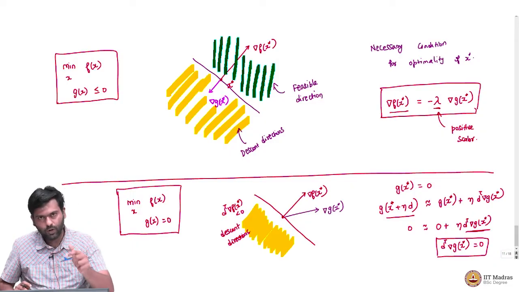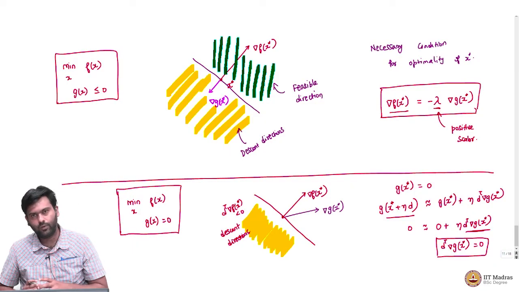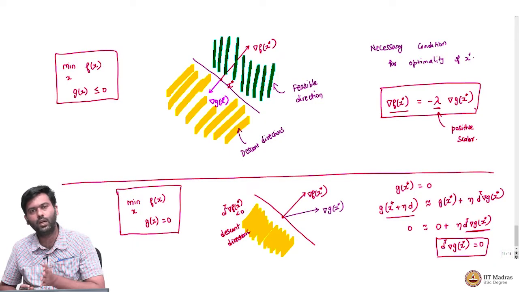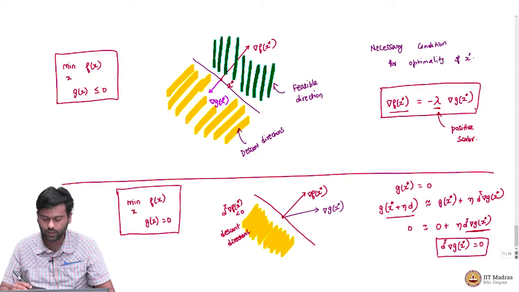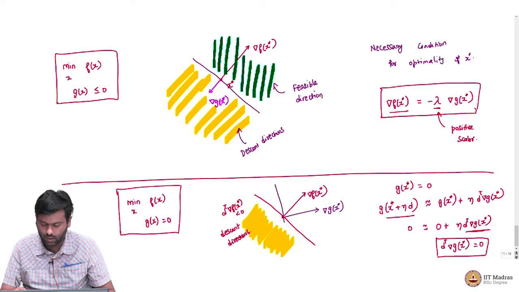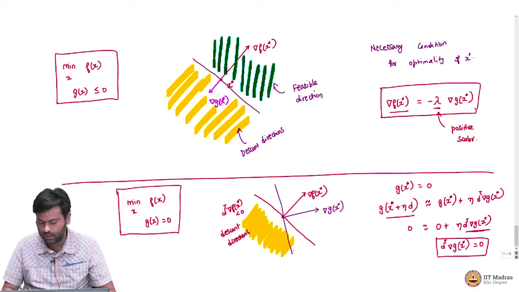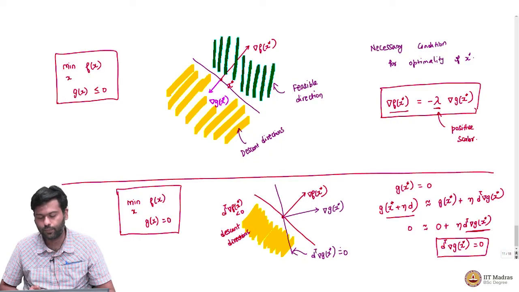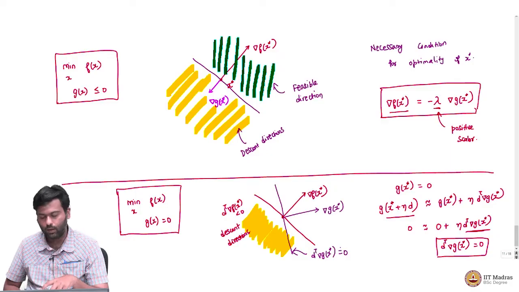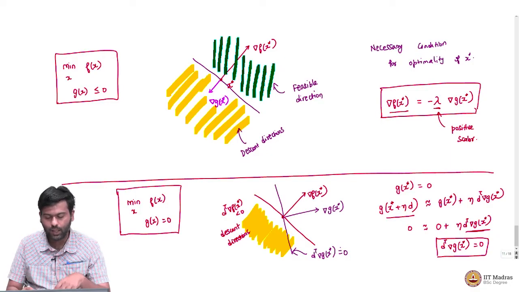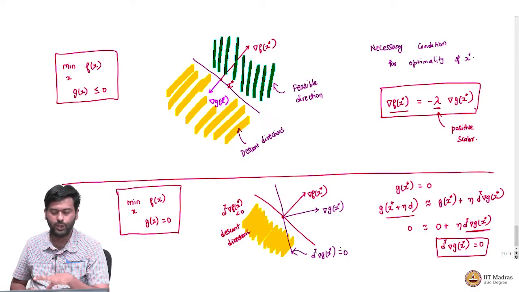For a small enough step you want to move in a direction which is making a dot product of 0 with del g of x star. Where are those? They are here. Exactly on this line you will have d transpose del g of x star equals 0. Now, on this line we can move anywhere, and then the descent directions are all the yellow region, which is a whole half space.